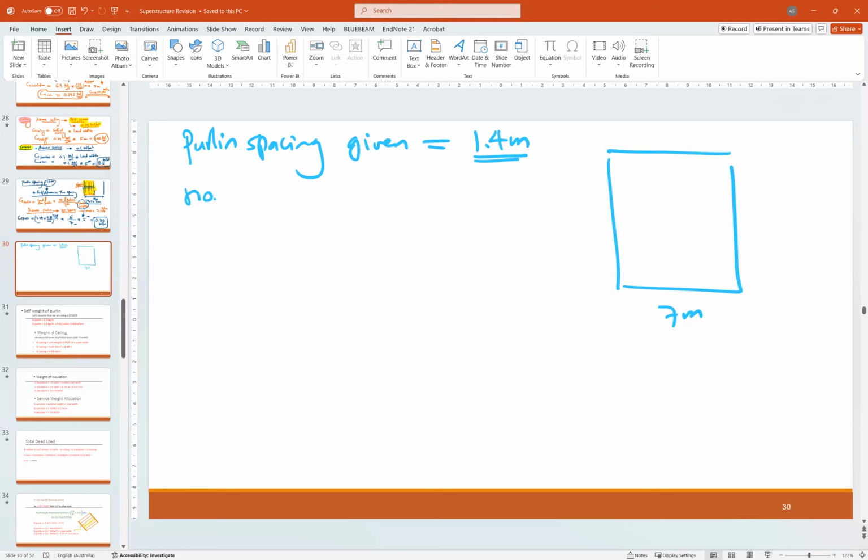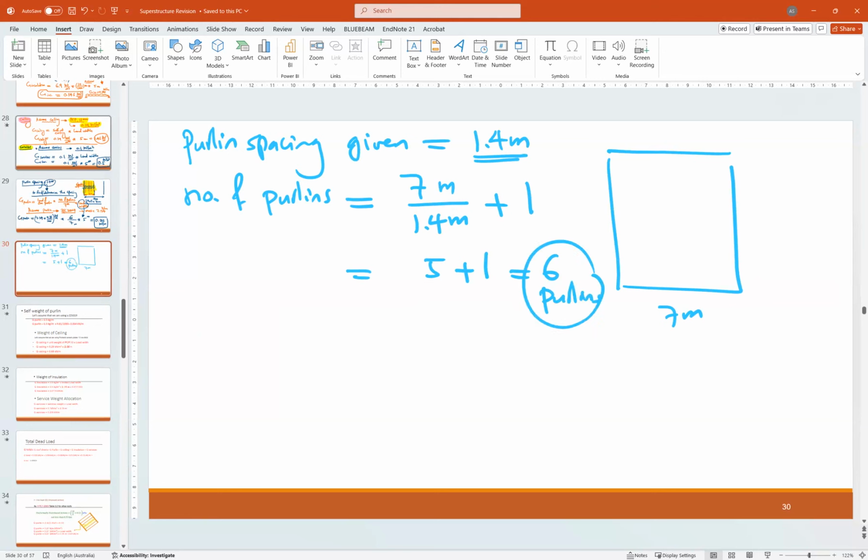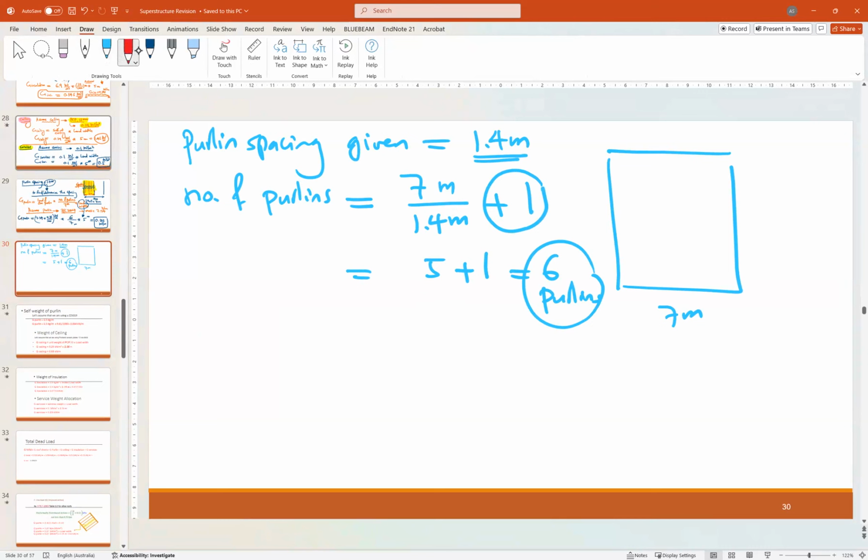So the number of purlins will be the width, 7 meter, over 1.4 meter, plus 1. So it will be 5 plus 1, equal to 6 purlins. Why plus 1? Because if you divide 7 over 1.4, this gives you the spacings. So how many spacings do we have? 1, 2, 3, 4, 5.